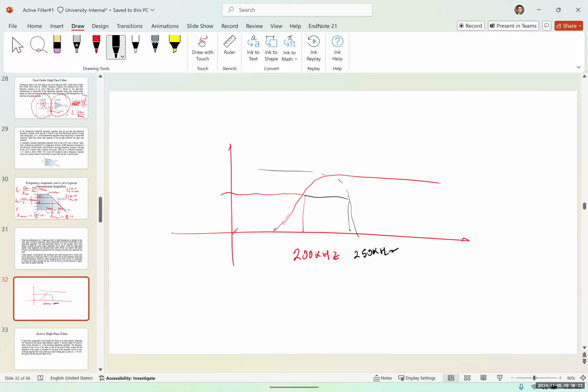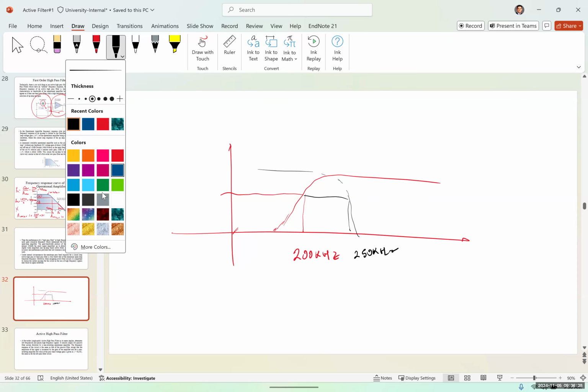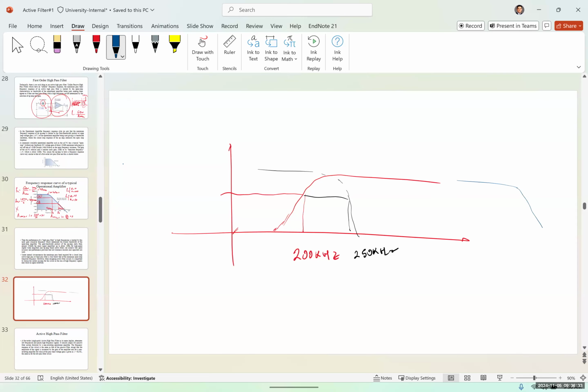This is not going to be a very good high pass filter. We have to find an op amp whose upper cutoff frequency is around, let's say, 2 or 3 megahertz or 20 megahertz. So we would have space for the frequency response.